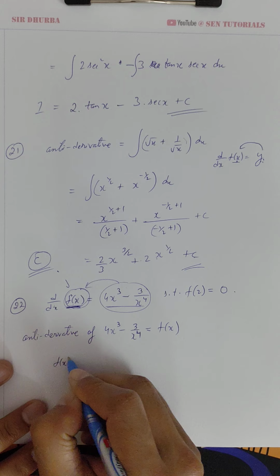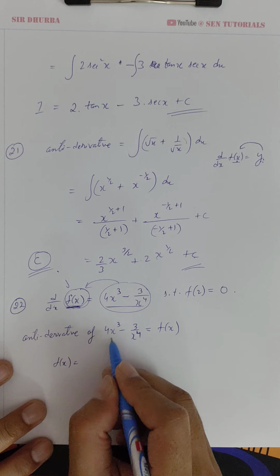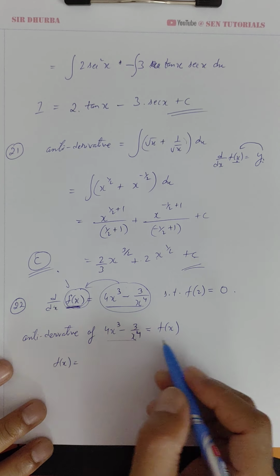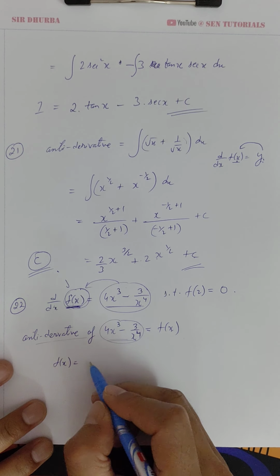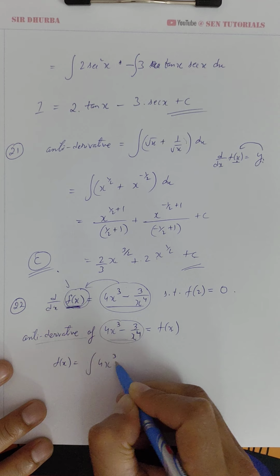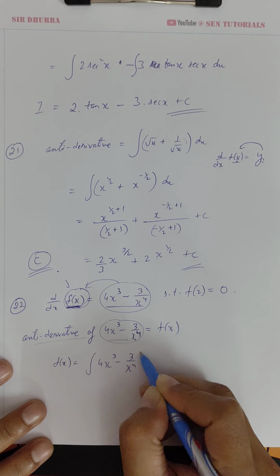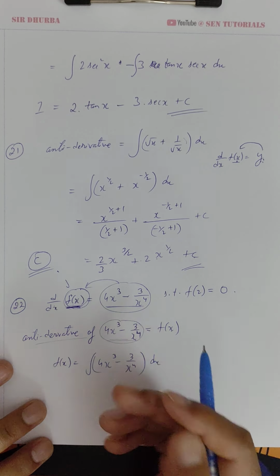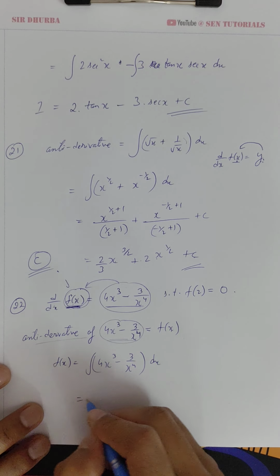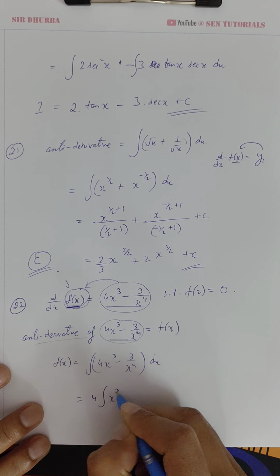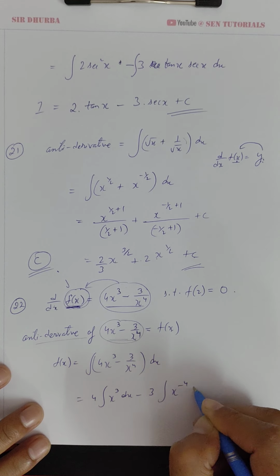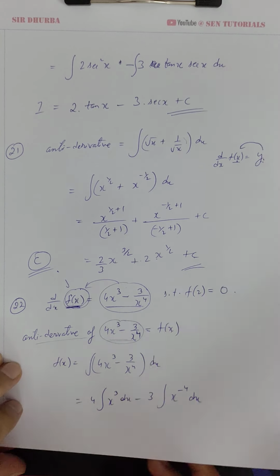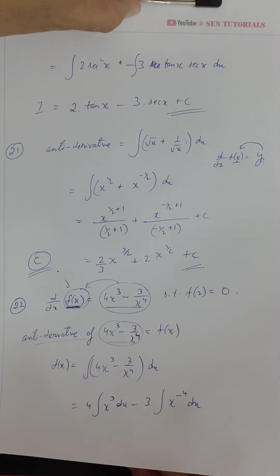So our function f of x is the antiderivative of this function. Now what is the antiderivative of this function? That is the integral of 4x cubed minus 3 x power minus 4 with respect to x. That's what we call antiderivative. Antiderivative means integration. Alright, let me just do it on the next page.